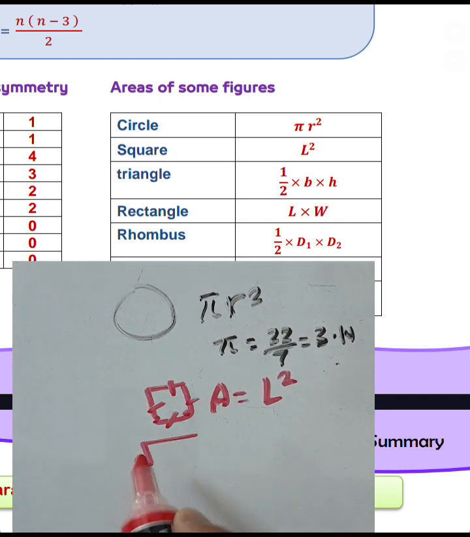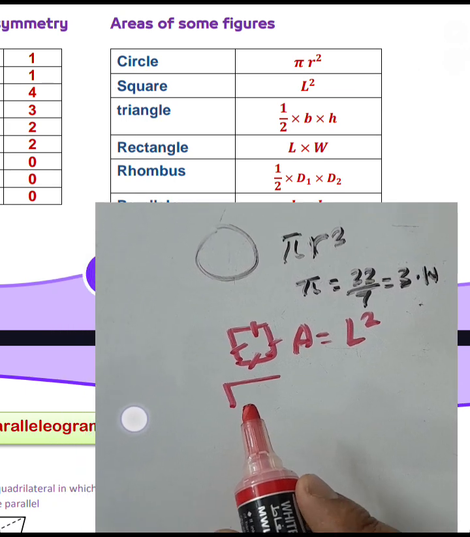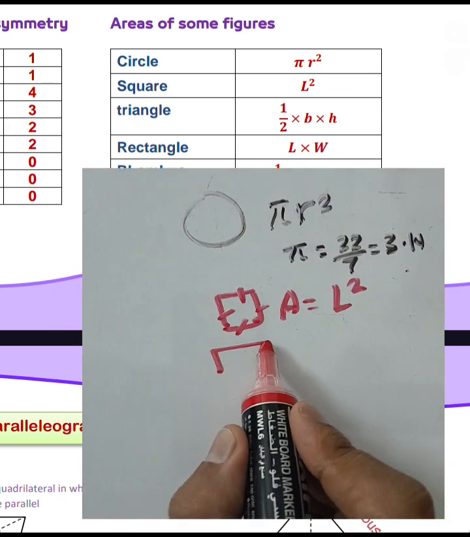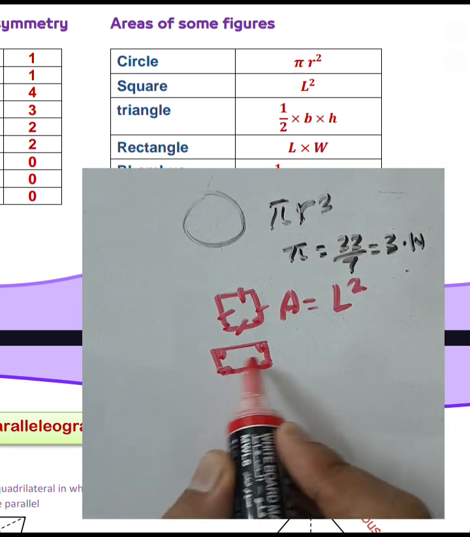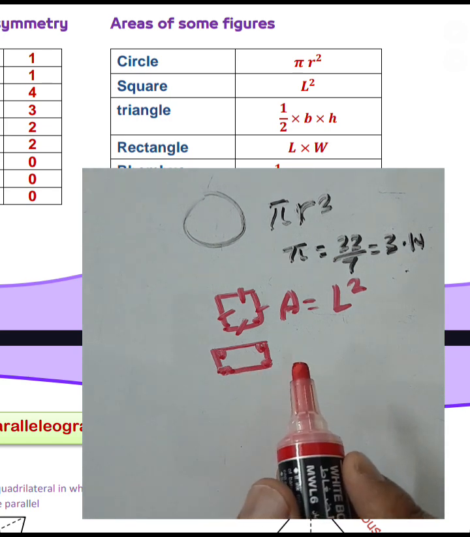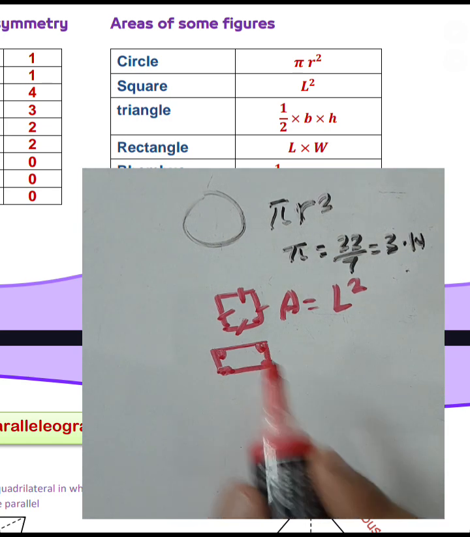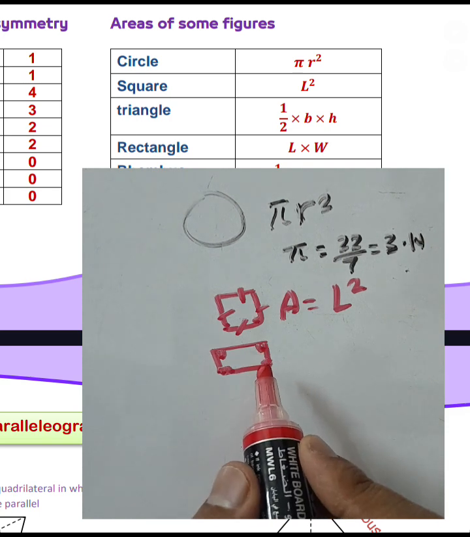And the area of a rectangle equals length times width. A rectangle is a quadrilateral where each pair of opposite sides are equal lengths and parallel. We call it a rectangle. The measure of each angle is 90 degrees.